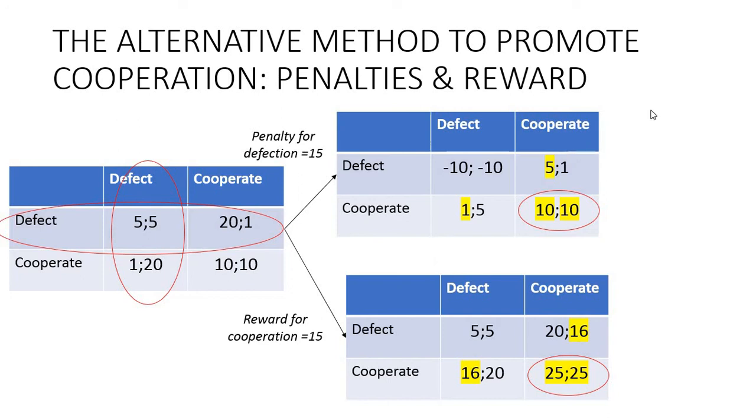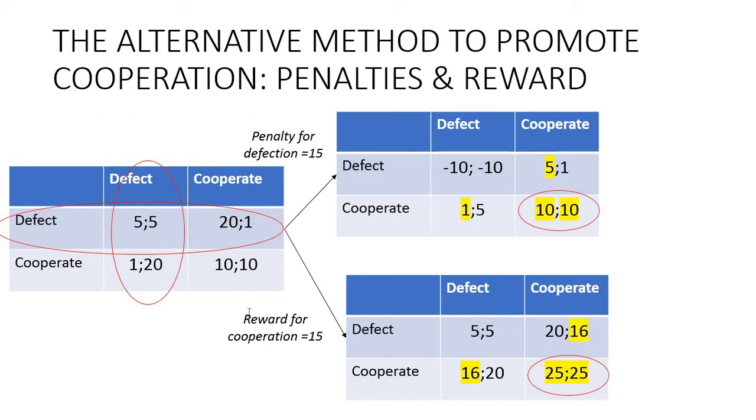So basically, you can say that introducing penalties and rewards implies changing the structure of the game. So it's not a prisoner's dilemma anymore, with defect as a dominant strategy, but just some other type of game in which the Pareto efficient outcome coincides with the Nash equilibrium.